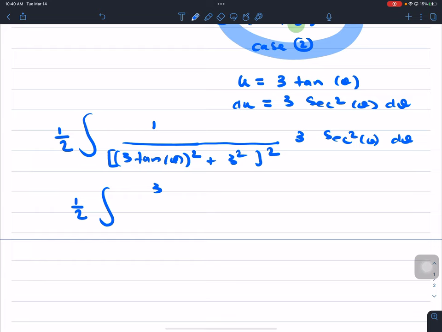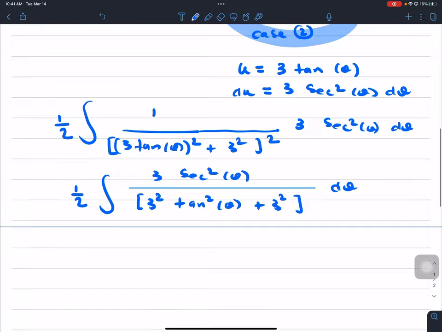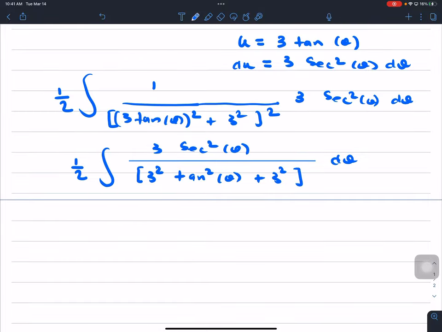It's going to give us 3 secant squared theta over what? I'm going to say 3 squared tangent squared theta, right? Plus 3 squared what? By itself with the d theta. So double check if I did the case 2. I know I'm not replacing a radical, but there is no radical.